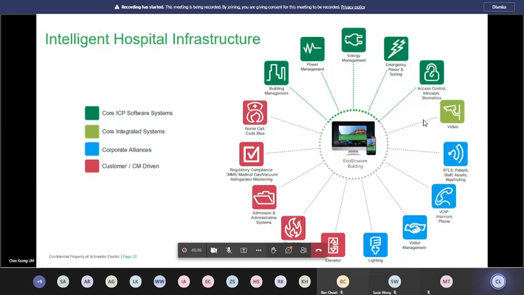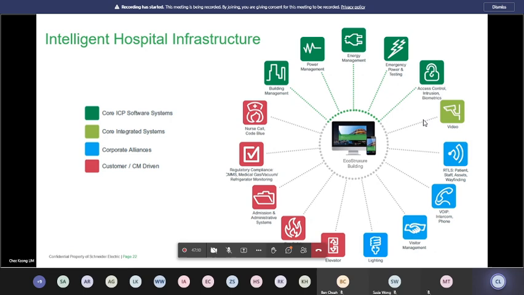Again, I would like to showcase that in an intelligent hospital infrastructure, or in fact any hospital infrastructure that is well connected today, be it sub-modern or modern, the systems that I'm showing on the screen are pretty much being covered in general. Most hospitals should have them. At the end of the day, most of these systems today are already digitized.